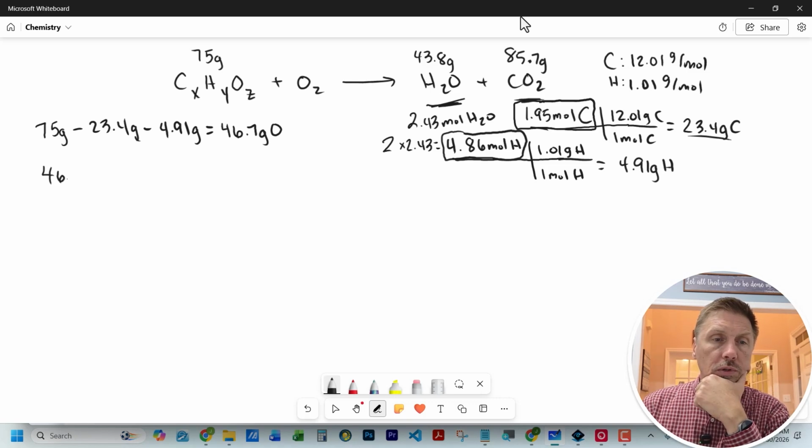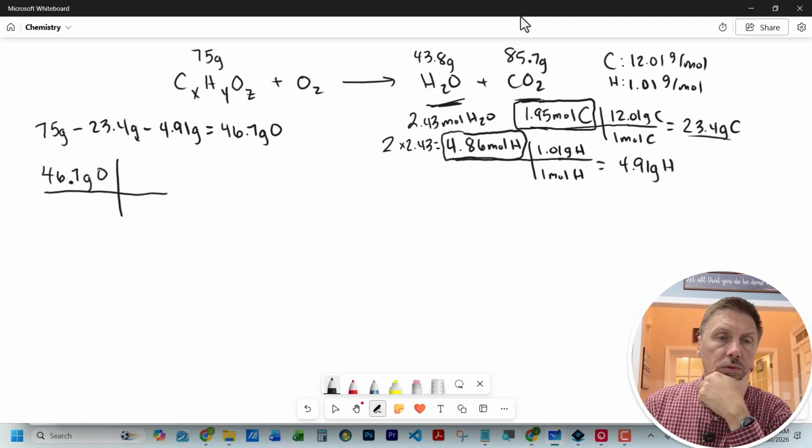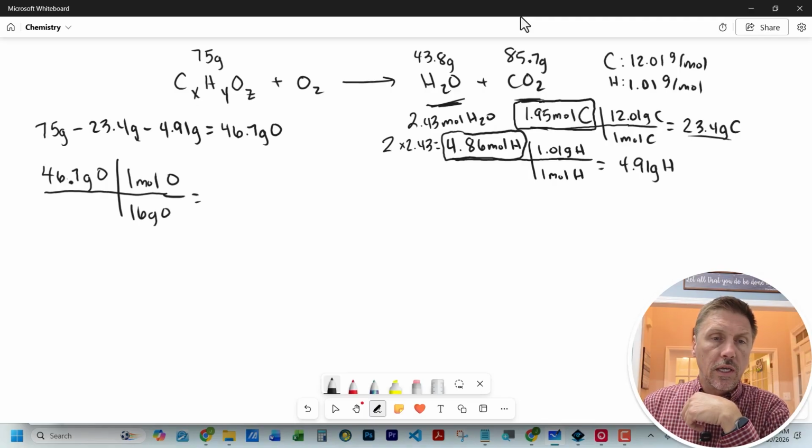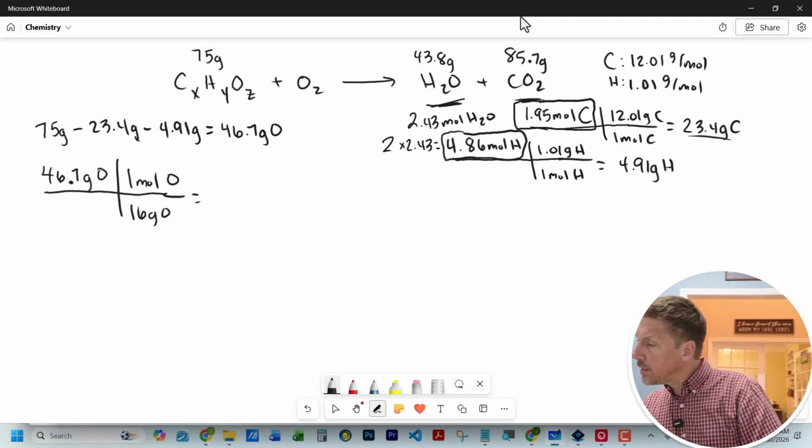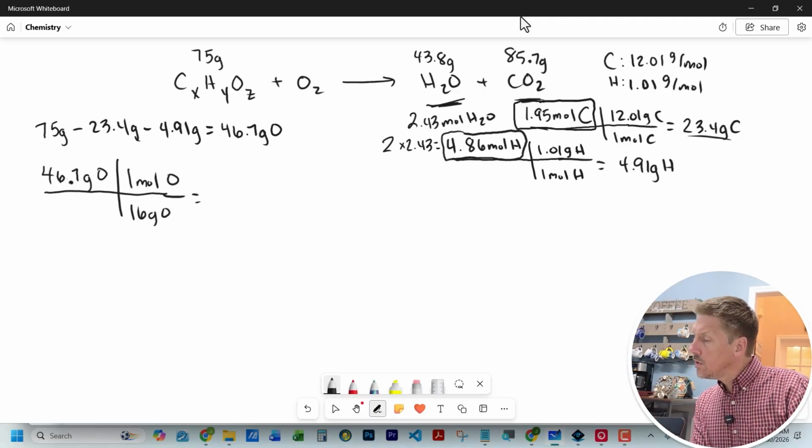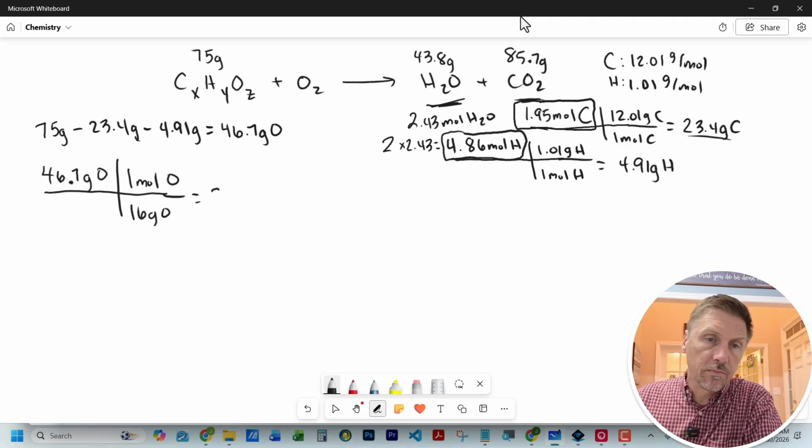So when we do the math to calculate the number of moles of oxygen, we're going to do 1 mole of oxygen is equal to 16 grams of oxygen, and punch that into our calculator, and we get a value of 2.92 moles of oxygen.